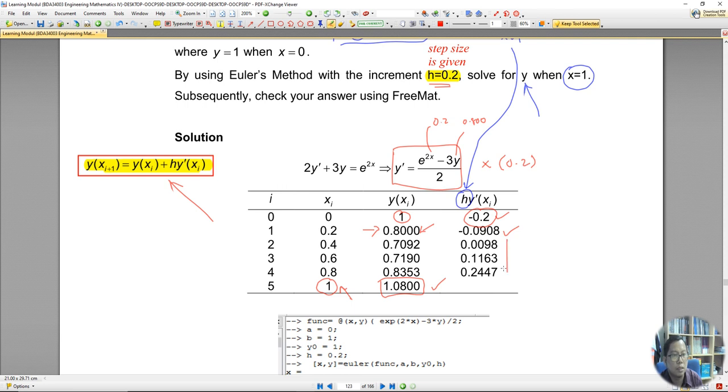The rest of the process is the same, where the iteration goes up to when x equals 1.